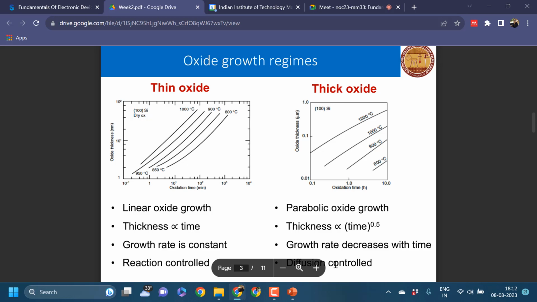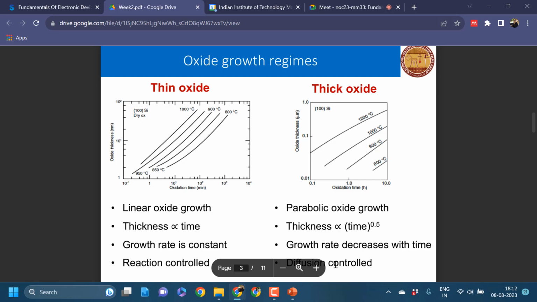So what is the difference between reaction controlled and diffusion controlled? For answering that, we know three processes happen during this SiO2 formation.